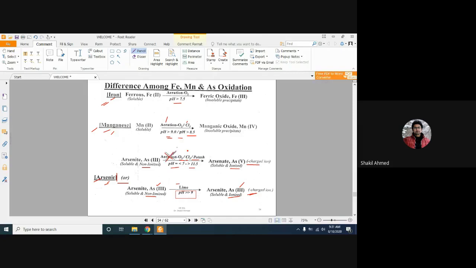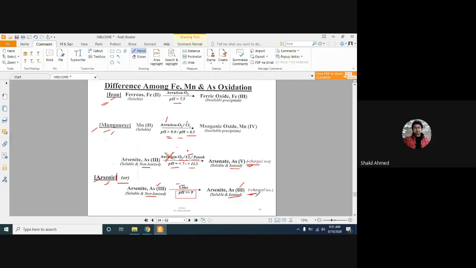Okay, this is not cheap. If you could use aeration, then it would have been cheap, but you cannot use aeration here because it doesn't help. So you use chemical oxidation, or you can use lime to convert this charged ion.